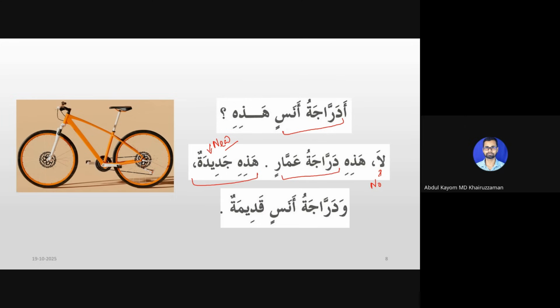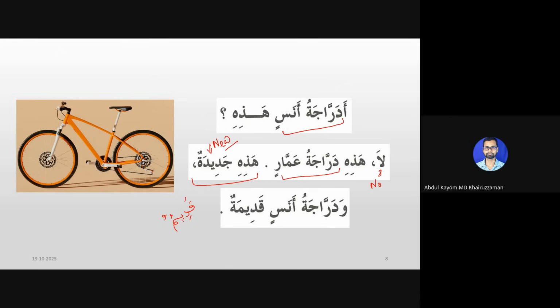Then we are saying wa darajatu anasin qadimatun. Since we said la, hadhihi darajatu ammarin, this is Ammar's bicycle, hadhihi jadidatun, this is new, and Anas's bicycle is old. So we say wa darajatu anasin qadimatun. We know qadimun means old, and this word is used for a masculine word.